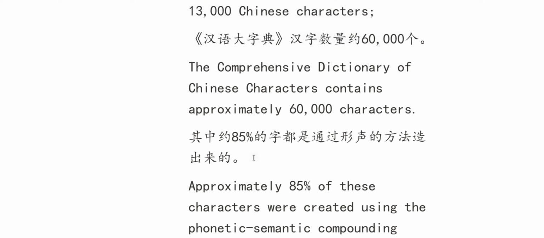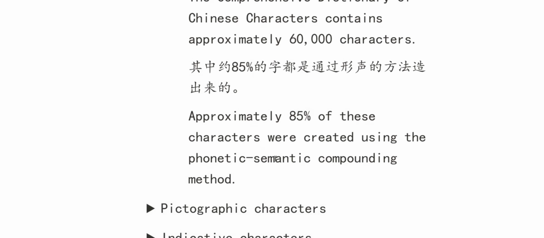That's why we know this method is very effective. So theoretically, it can create as many characters as we need in real life, or as technology develops, we can create more and more Chinese characters by using this method.